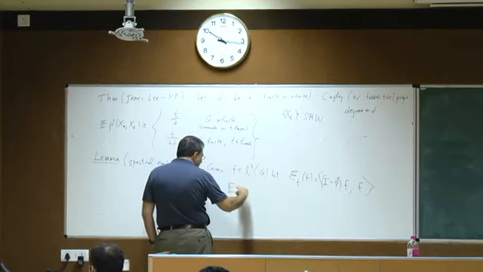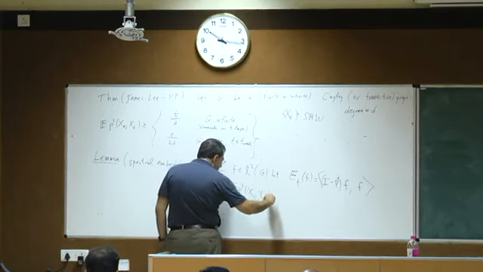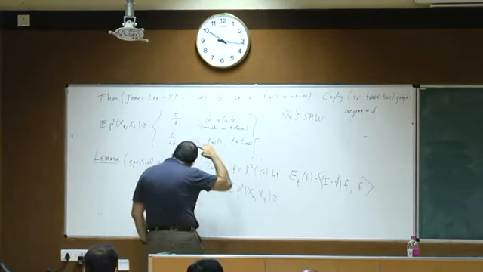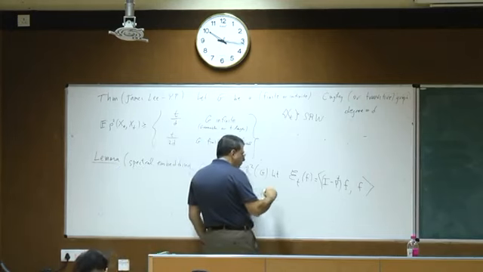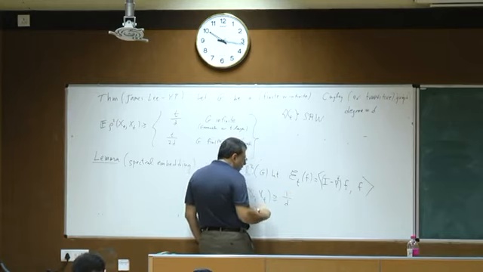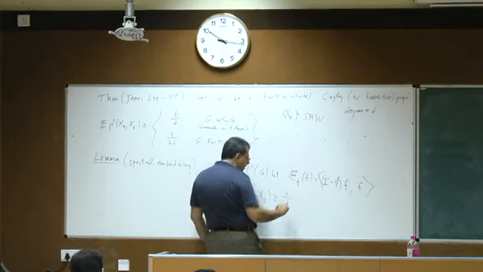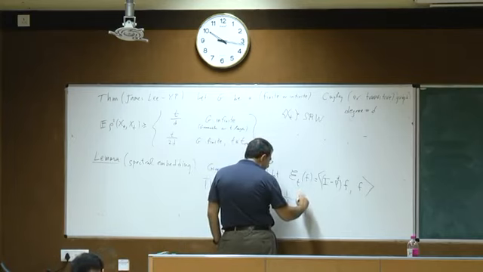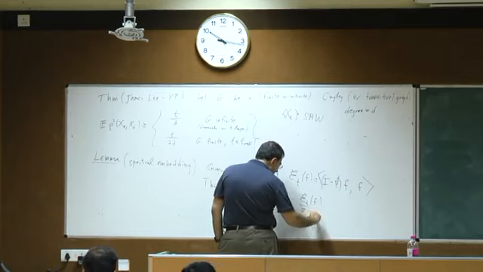The expectation of the distance squared from x0 to xt is at least 1 over d, where d was the degree, times E_t of f over E_1 of f.